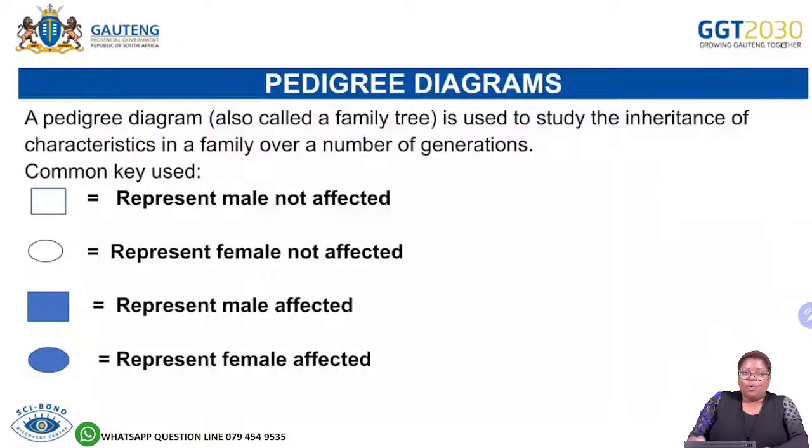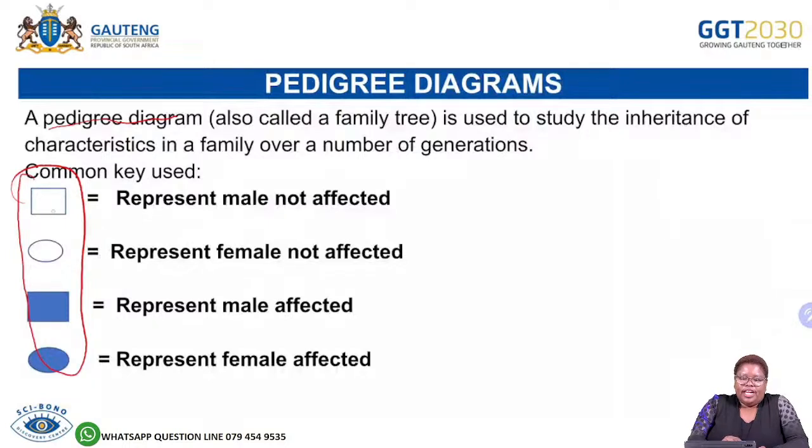Right? Now, a pedigree diagram is used to study the inheritance of characteristics in a family over generations. These are the most commonly used keys, where the unshaded square represents the male that is not affected, whereas the shaded square represents the male that is affected.